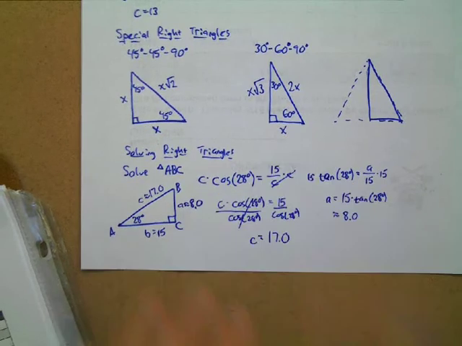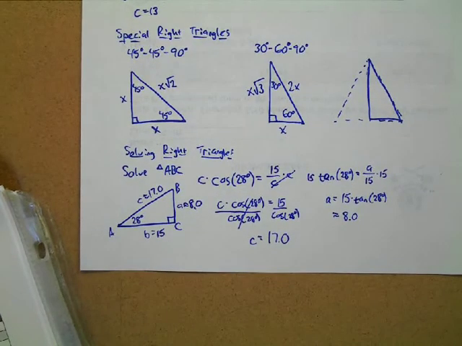Okay. Have we solved the triangle yet? There's one more piece that's missing. Angle B. But how can you find angle B? What do all the angles in a triangle have to add up to be? 180. 180, right. And so, like you were saying there, Tatum, these two acute angles are going to add up to 90 degrees.